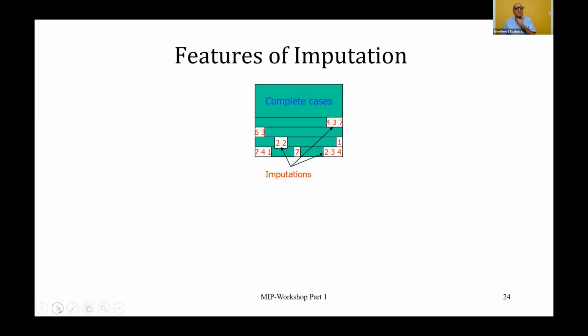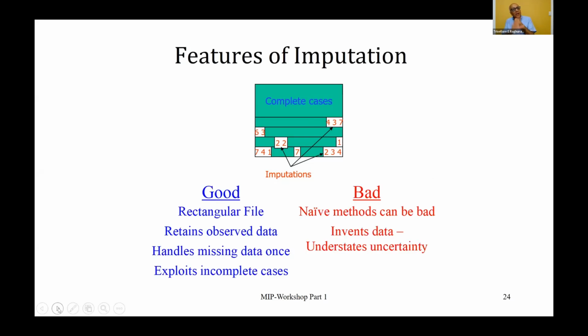The features of multiple imputation are that you get a rectangular file, you are retaining the observed data, and you are handling the missing data once. Once you have done the multiple imputation and given out the data set, you are done with the missing data. Users don't have to worry about the imputations. And it exploits the incomplete cases.